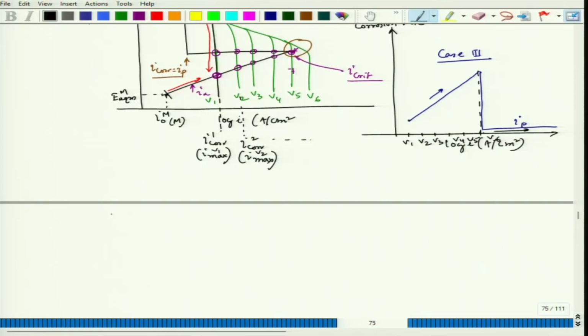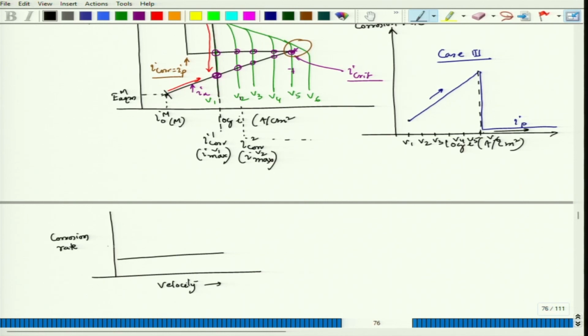So, there could be one more situation where if I try to plot the corrosion rate versus velocity, initially the corrosion rate would maintain a plateau with the increase in velocity, and once we reach a critical velocity, let us say this is V critical, the corrosion rate will increase at times exponentially.